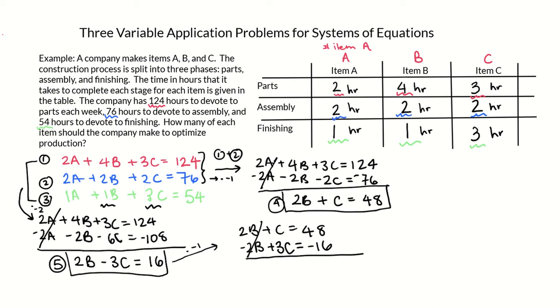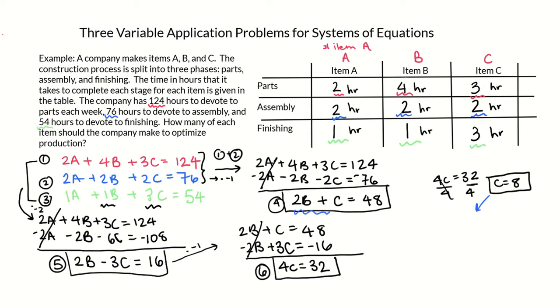Add them together, the B's cancel, and we get 4C. 48 minus 16 is 32. And now, this equation 6, we just solve that for C. So solving 4C equals 32, we would divide by 4 to get C is equal to 8. Okay, now that we know what C is, we can substitute back into equation 4.